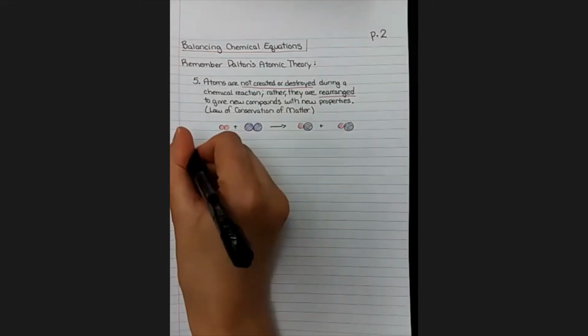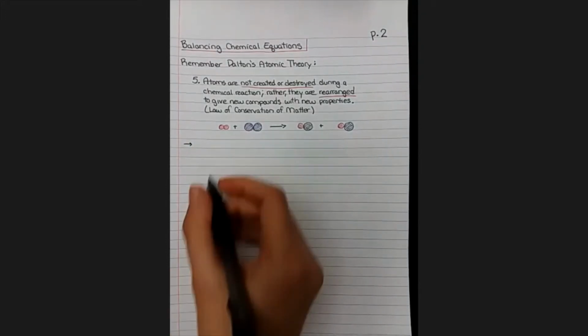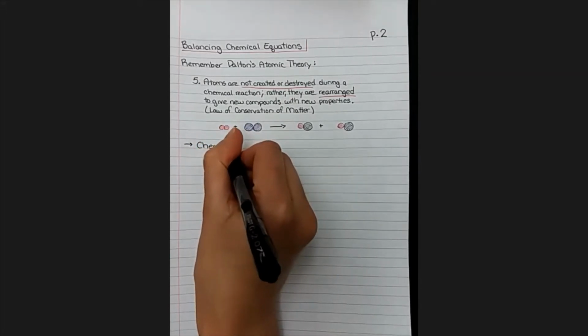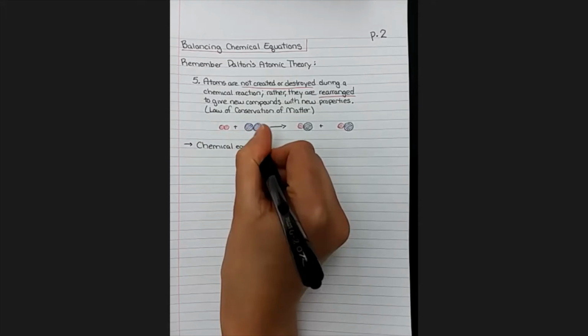So part of that promise to not create or destroy matter is relevant now that we are trying to balance chemical equations. We have to make sure we do not magically create any atoms on either side that weren't there to begin with.